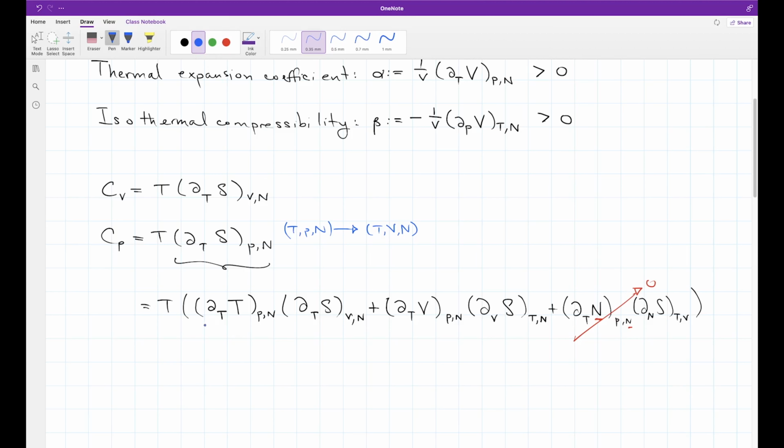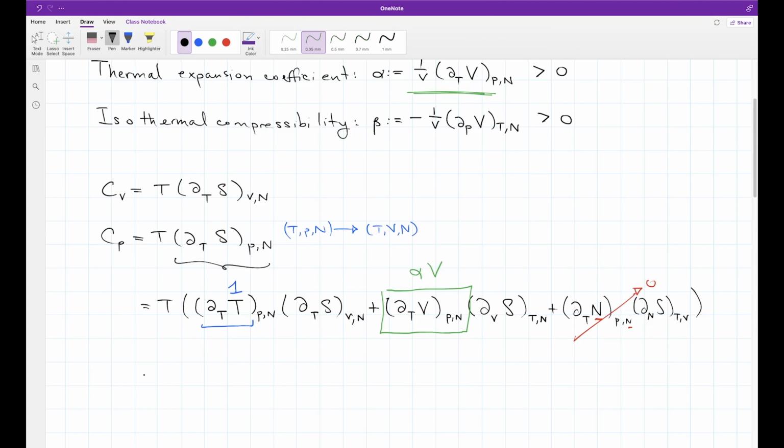Meanwhile, the partial with respect to t of t must definitely be 1. Good. And lastly, if we look at this object, it's very closely related to our alpha that we defined up here. In fact, it's exactly alpha times v.